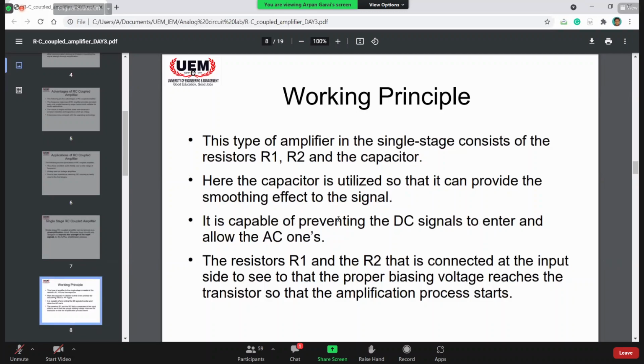The working principle: this type of single stage amplifier consists of the resistors R1 and R2 and a capacitor. The capacitor provides a smoothing effect to the signal.